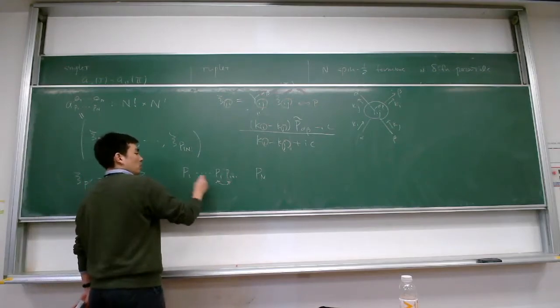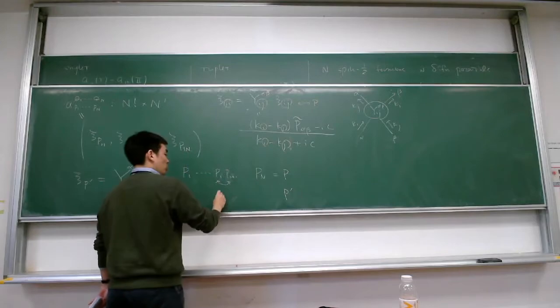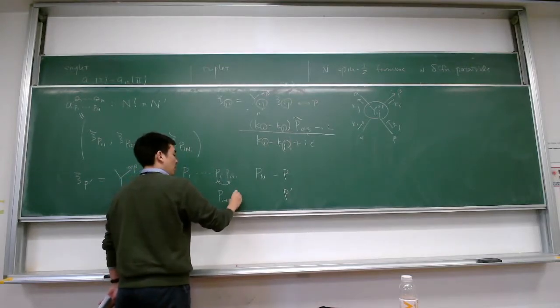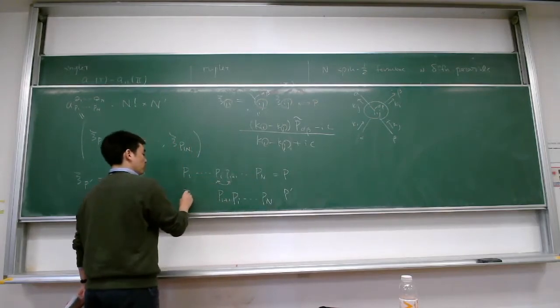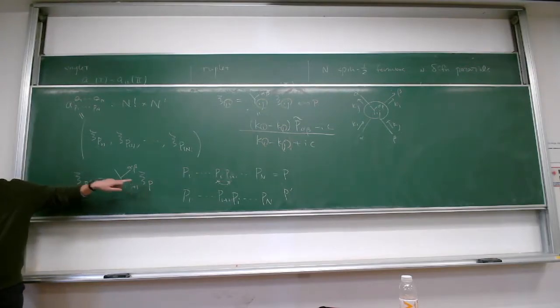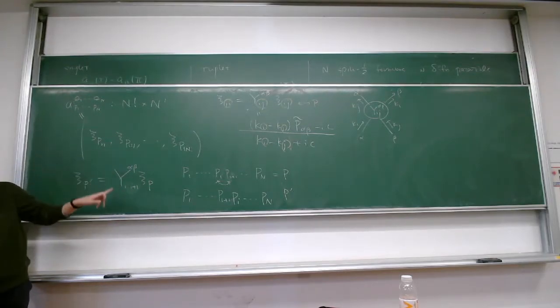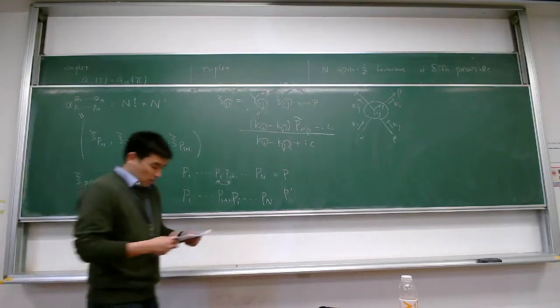So P prime is obtained by swapping i plus 1 and i, and the column vector is related by this matrix Y.